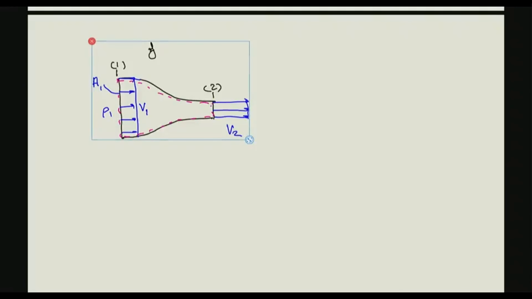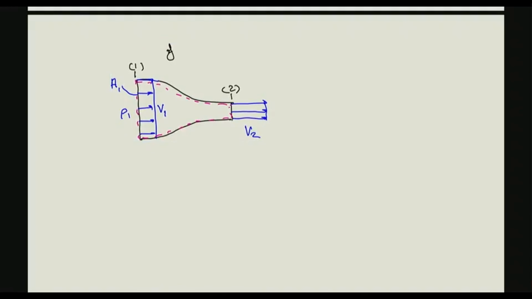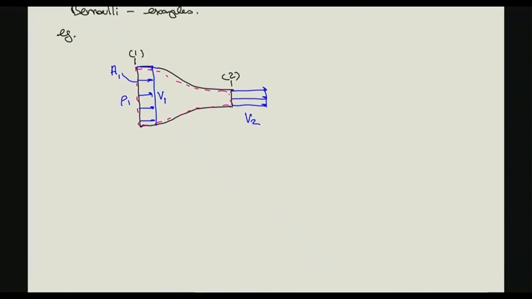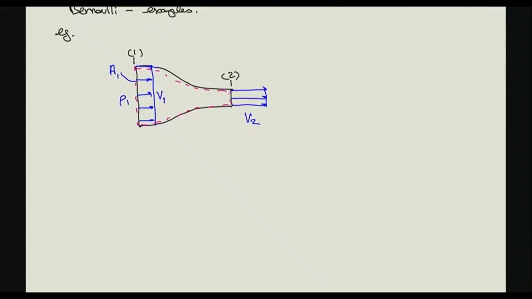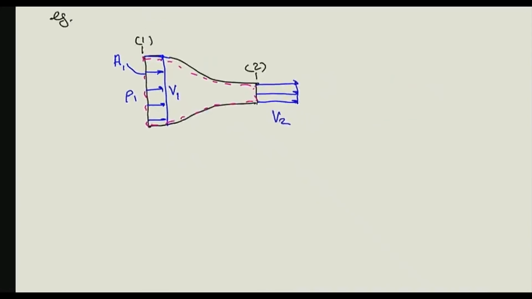Now, just a few, paste. Just a few examples of application of the Bernoulli equation. So Bernoulli examples. Okay, so here's an example. Suppose we have flow through a nozzle.